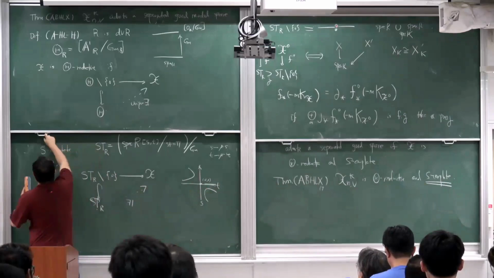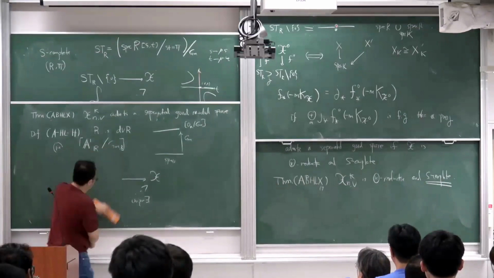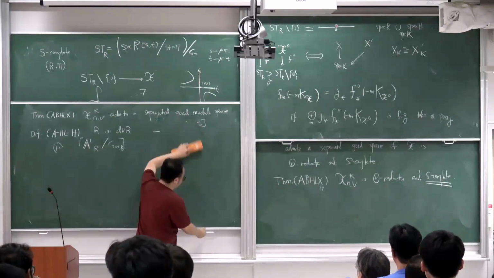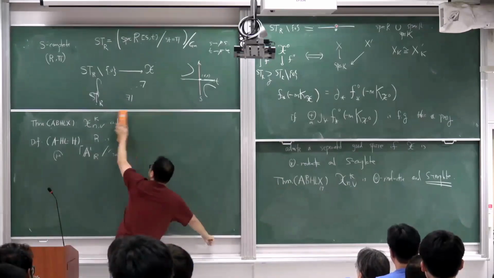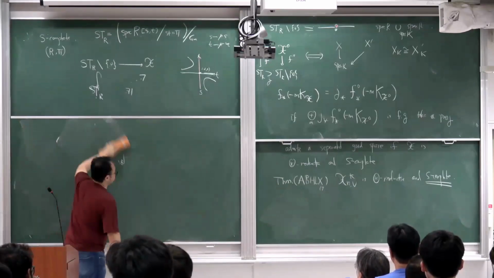Let me just give one remark about the finite generation, and then I'll move to properties.